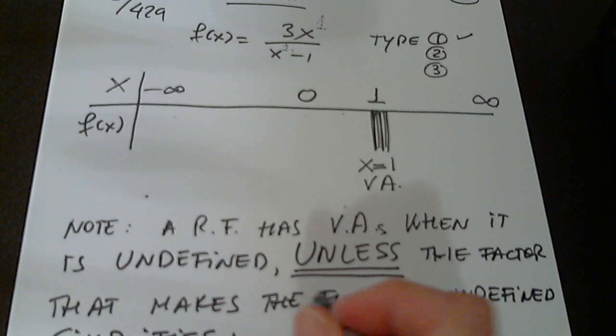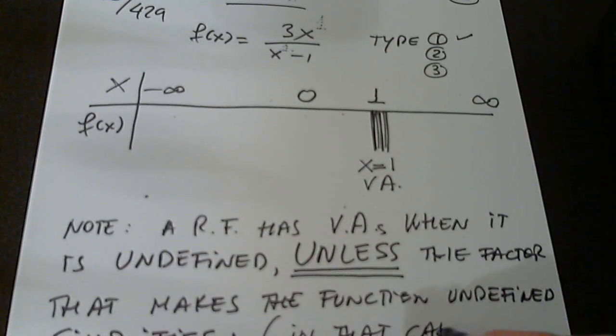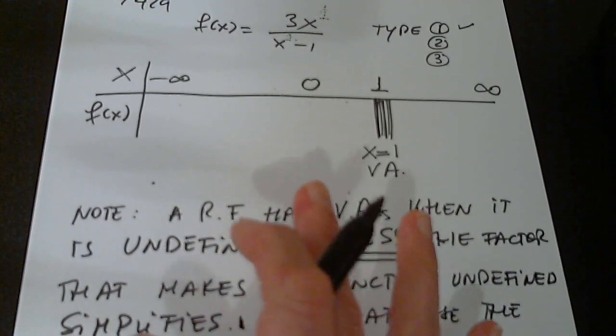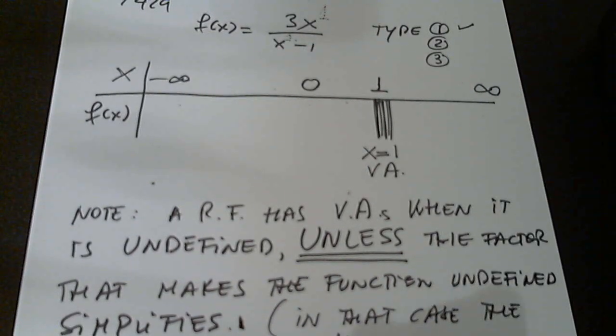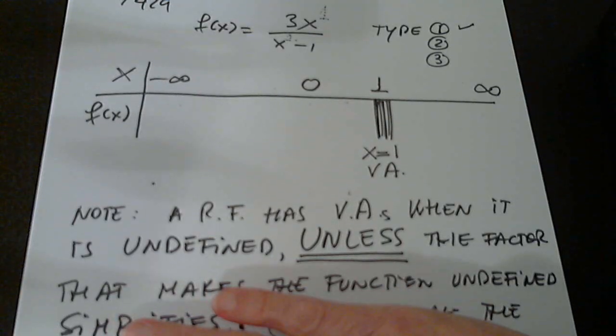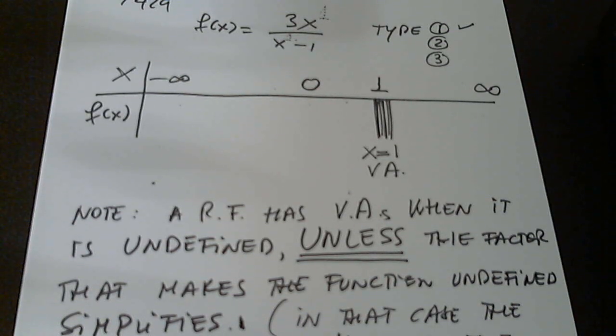Okay, I want to write one more thing here. In that case, the function, if it simplifies, the function has a hole in the graph. Okay, we don't have an example right now of this, but I cannot tell you that something is true because there are other situations in which what I'm telling you is not true.